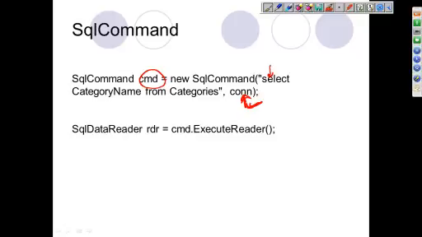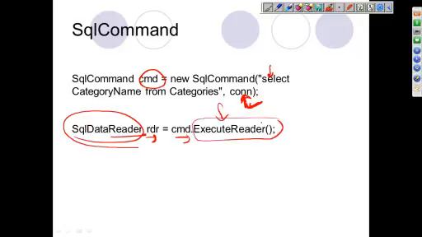Now, how do we read the data from the command object through a data reader? The first method is one in which we are not using a dataset. Through the SqlDataReader object, this is how you create a SqlDataReader object: the SqlDataReader object name, then the command object, and in the command object there is one method, ExecuteReader, which returns an object of the DataReader class.